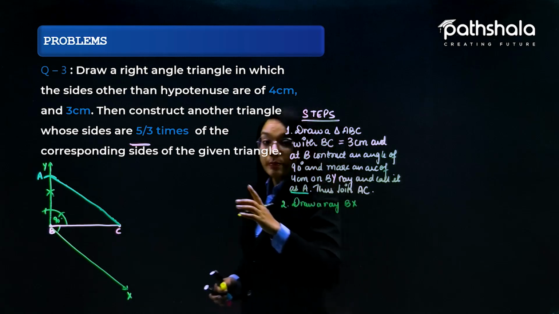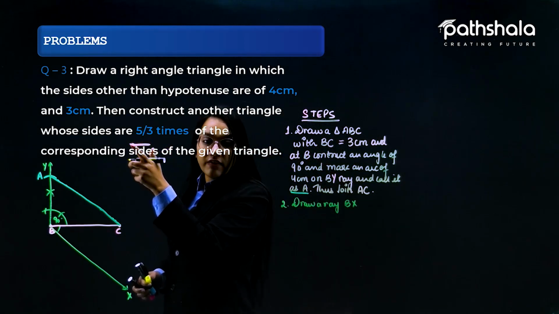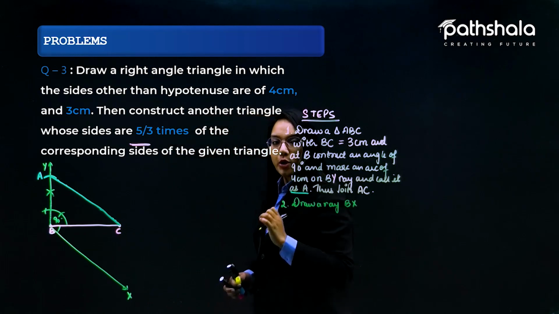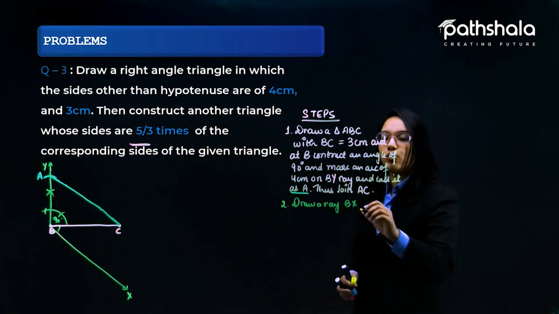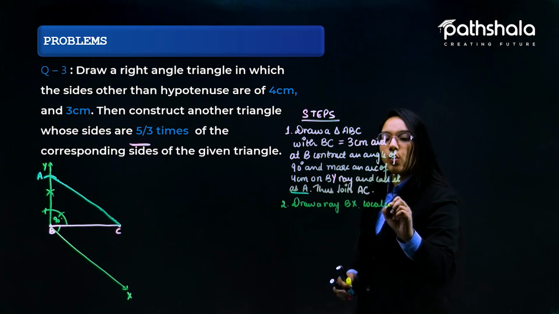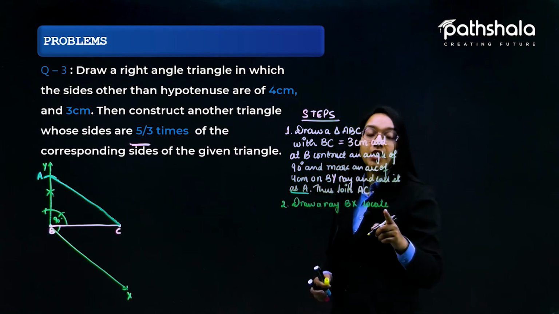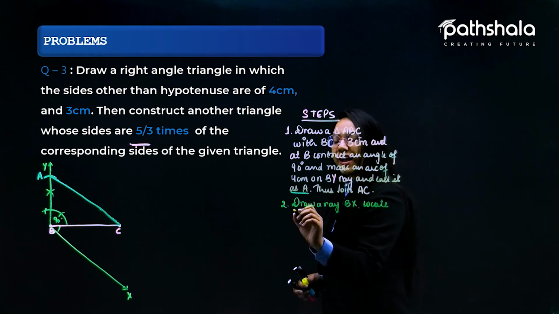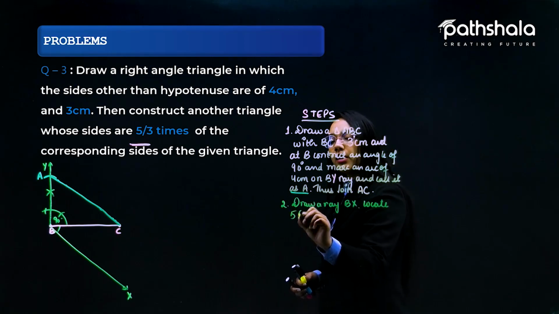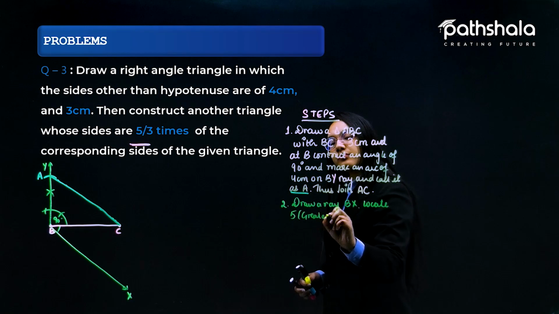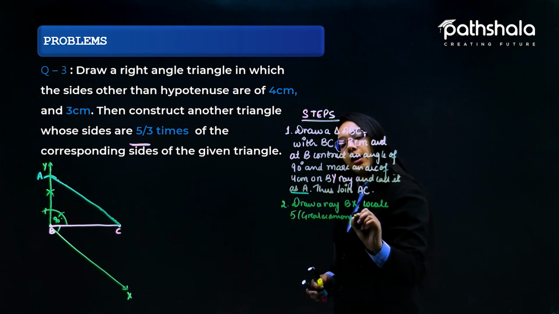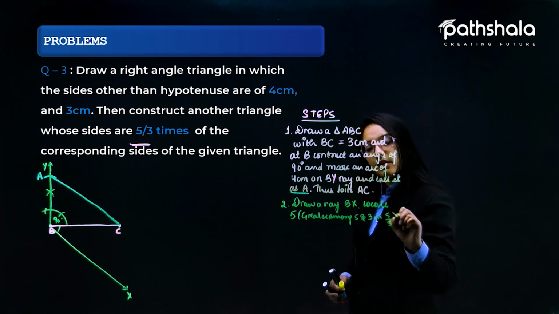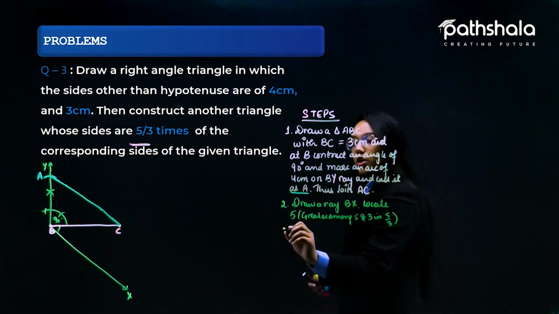Now we have 5/3 times the corresponding sides, so we have to locate the greater value among 5 and 3 in 5/3. Locate 5 points.